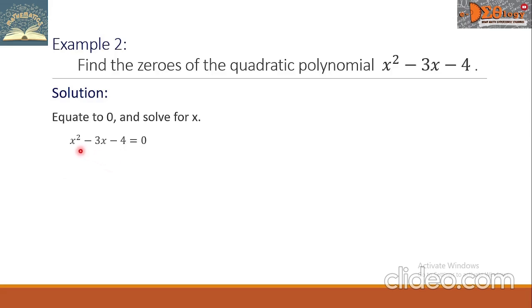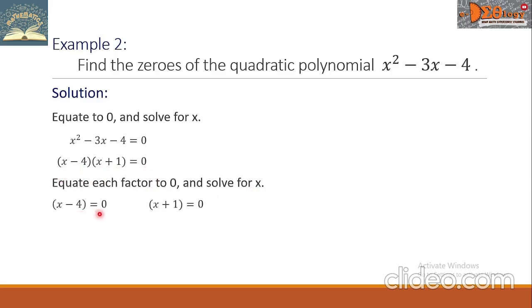The factors of x squared minus 3x minus 4 are x minus 4 times x plus 1, equal to 0. We equate each factor to 0 and solve for x. The first factor, x minus 4 equals 0, and the second factor, x plus 1 equals 0. Then we can solve for x.